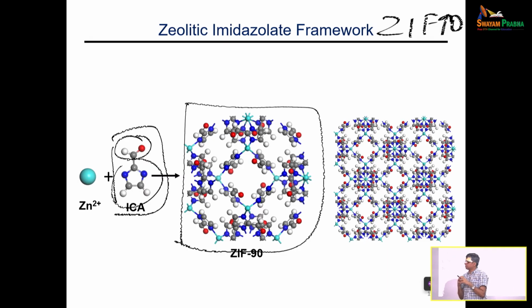Because of this, these are extremely useful as adsorbent materials. They have a large surface area for adsorption and these cages are available. So overall when multiple of these cages come together, it is a large porous material, a lot of pore volume where adsorption can happen. That is the nature of these materials.